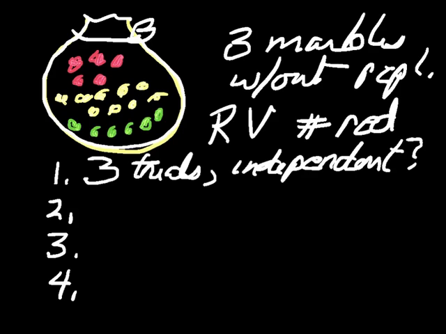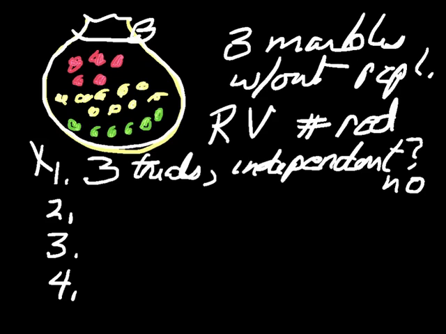And the answer is no. Why are they not independent? Because once I draw out a marble, I no longer have the same amount of marbles in there, so the probabilities change. So that's a reason why this fails to be a binomial experiment.